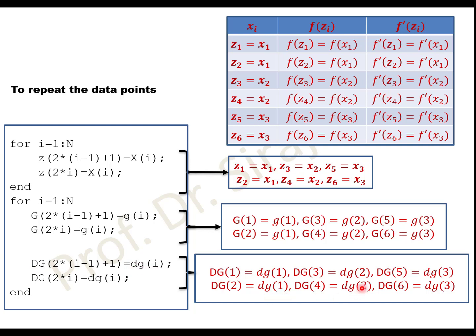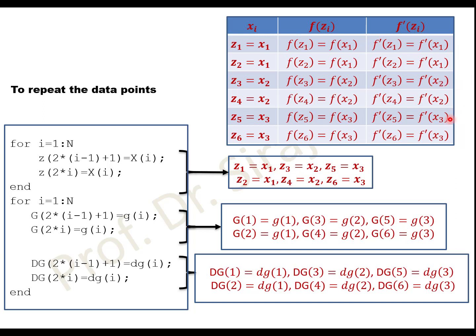Small d G of 2 was equal to f prime of x2 if you look at the previous loop. And similarly, when I is equal to 3, capital D G of 5 is equal to small d G of 3, and small d G of 3 is f prime at x3. So this line generates this entry and this entry for you.